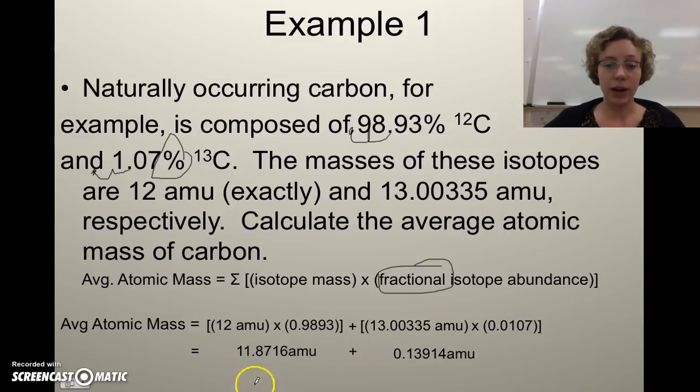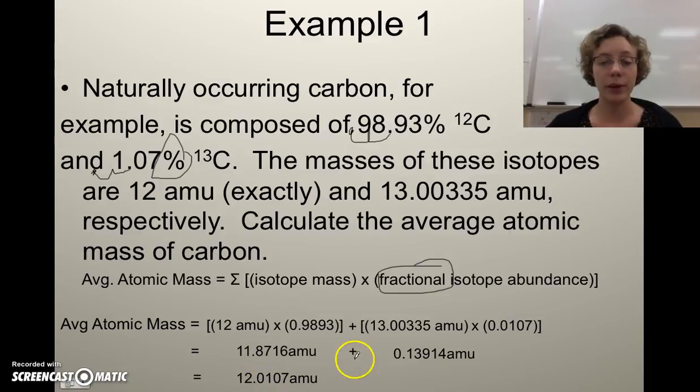And if I add all of those together, I get 12.0107 AMUs. Now, there's a big long sig fig discussion we could go into, but my main goal is that if you can round this to 2 places after the decimal, we'll be okay. So that rounded to 2 places after the decimal would be 12.01. Don't worry about sig figs. We might touch on it in class, but it's really not that important.